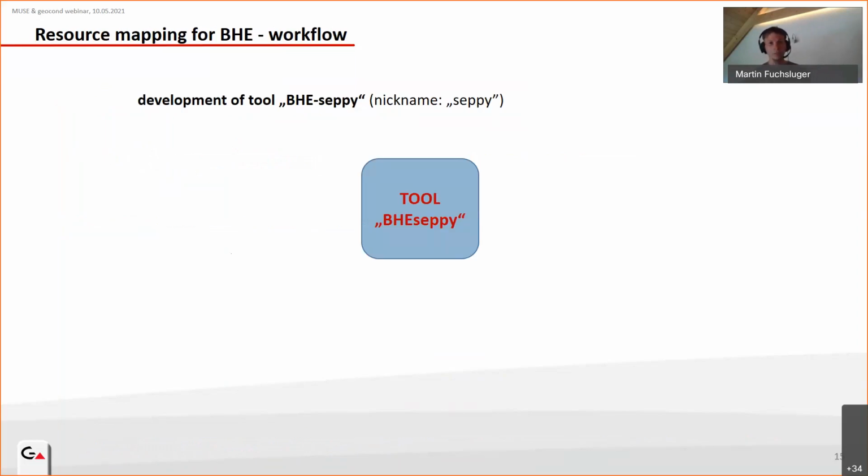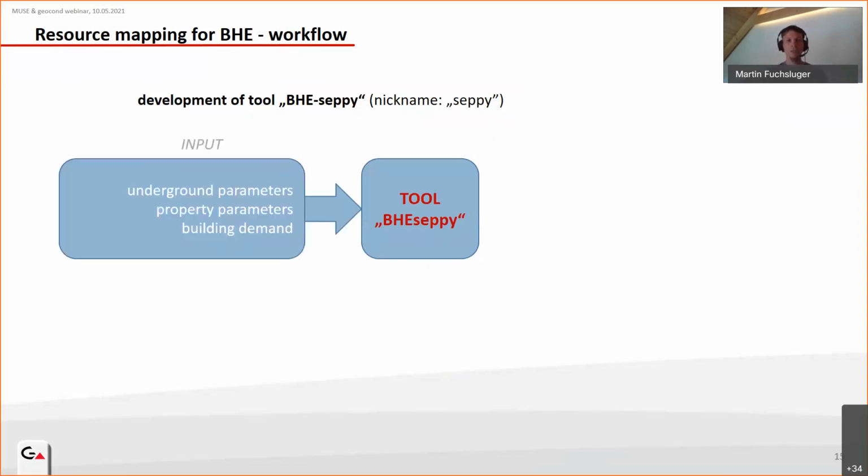So the next step was the workflow now. We developed a tool. We call it BHEs, or nickname SEPI. It's, by the way, a common nickname in Austria, but it works in general simply.